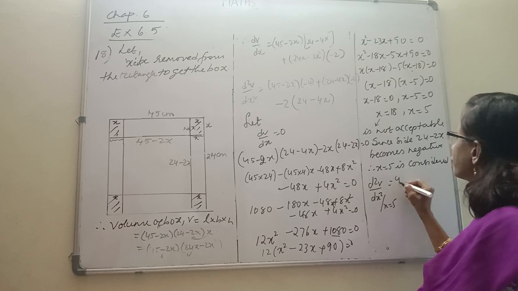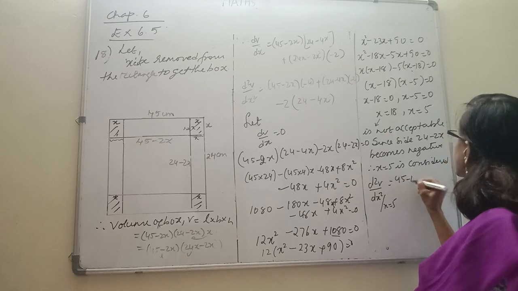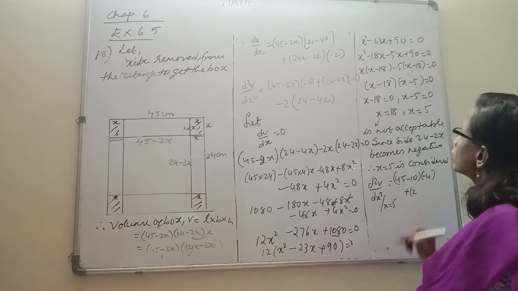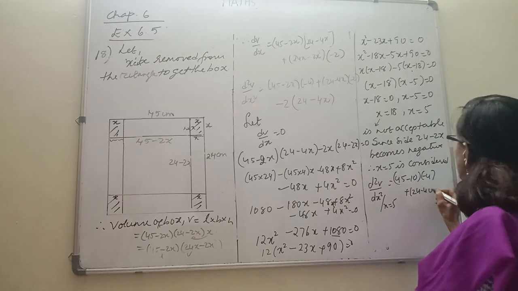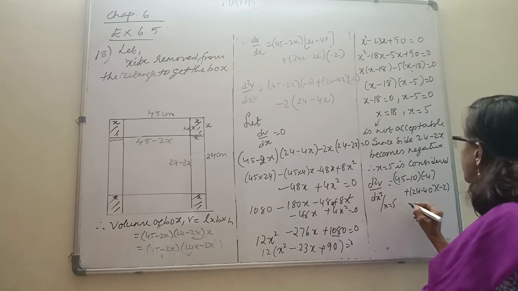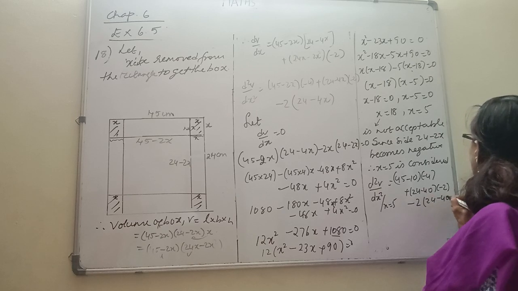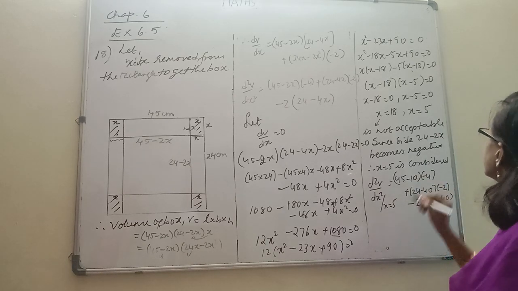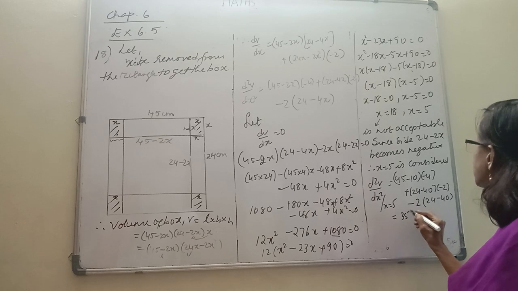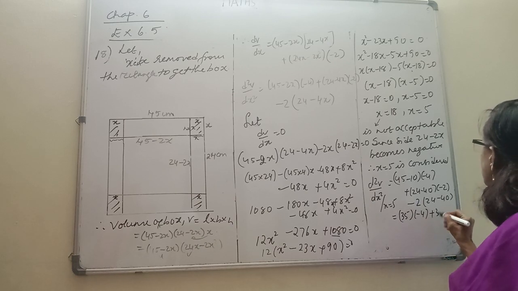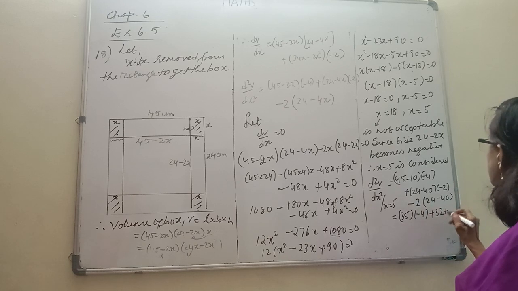You can have 45 minus 10 times negative 4. Then 24 minus 2 times 5, 24 minus 10, so this is 35. 35 times negative 4, and this is minus 16. 16 and 2, it becomes 32.